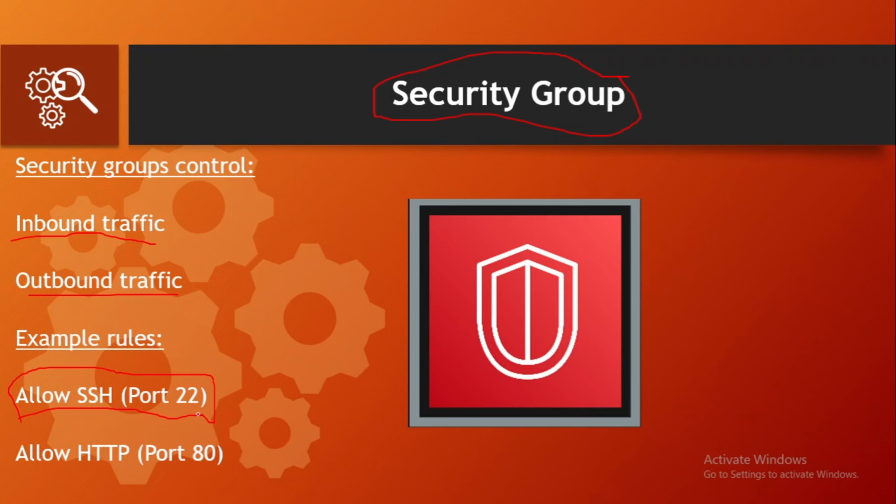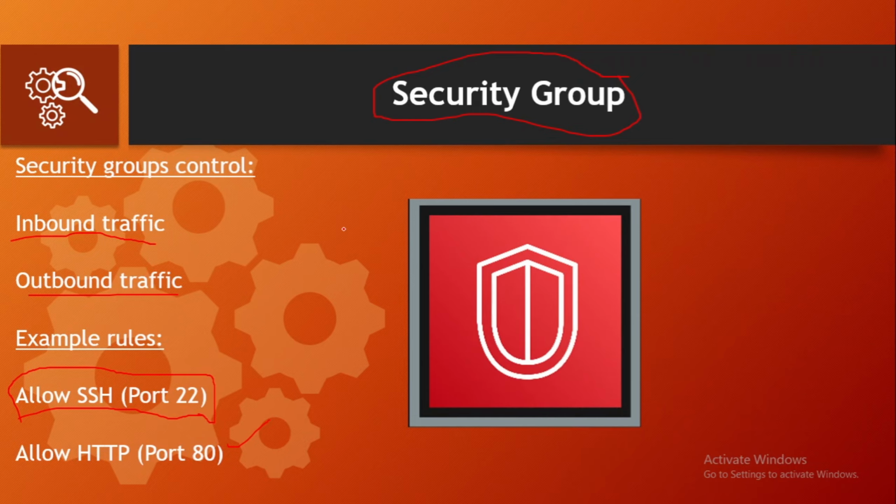If you are hosting a website, then you need to allow HTTP traffic, which runs on port 80. So basically, a security group defines rules that control what traffic is allowed. You can think of it like a security guard standing outside your server. Only the traffic that follows the rules is allowed to enter.